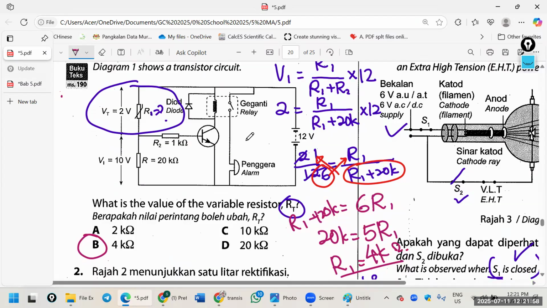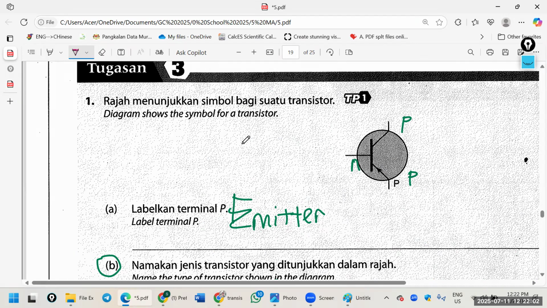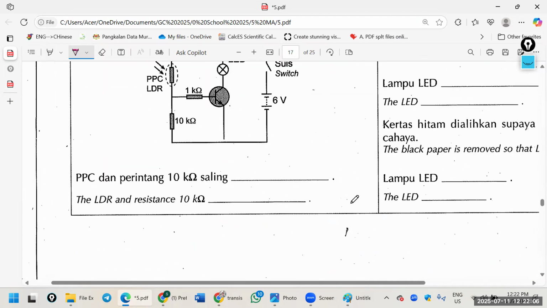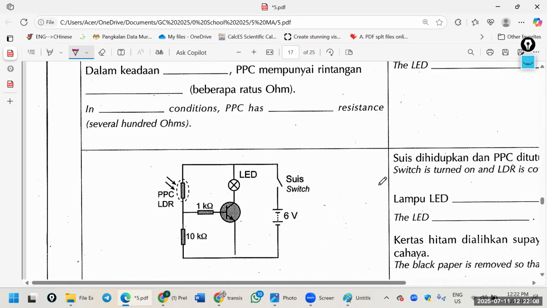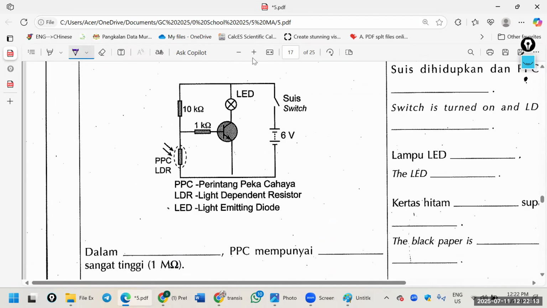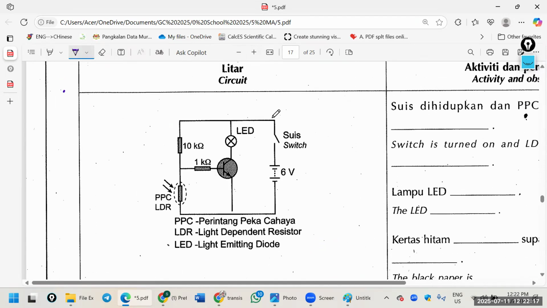Look back to module page 165. Right, module 165. You remember next week got 3 days outreach.